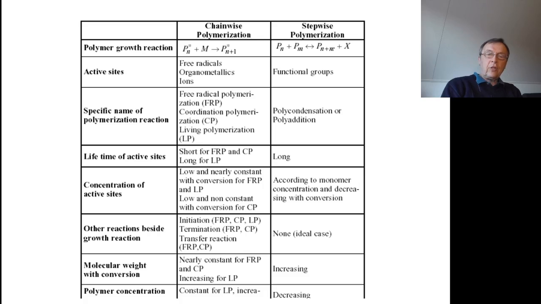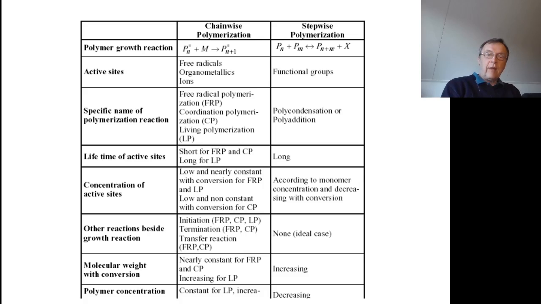So we have initiation reactions in the free radical polymerization, coordination polymerization, also living polymerization. We have the propagation reaction that has to happen in every polymerization reaction, otherwise we will not obtain macromolecules. And then we have termination reaction that stop the growth of an individual macromolecular chain.